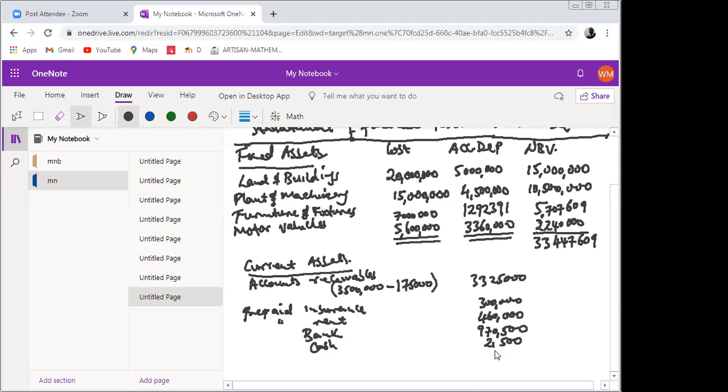Unless somebody can spot any current assets. It's normally the receivable, the prepayment of expenses, cash, bank. Inventory we don't have. If there is none that is left out, you can total this. This is 21,500. Can you total them so that you can know the total current assets?